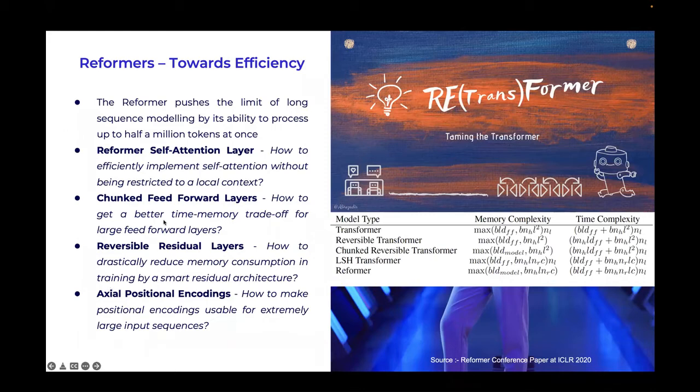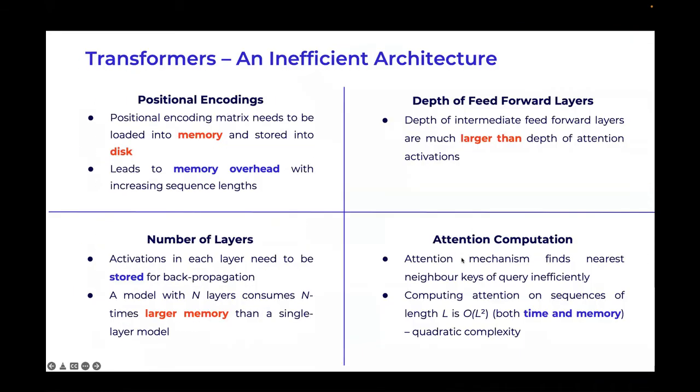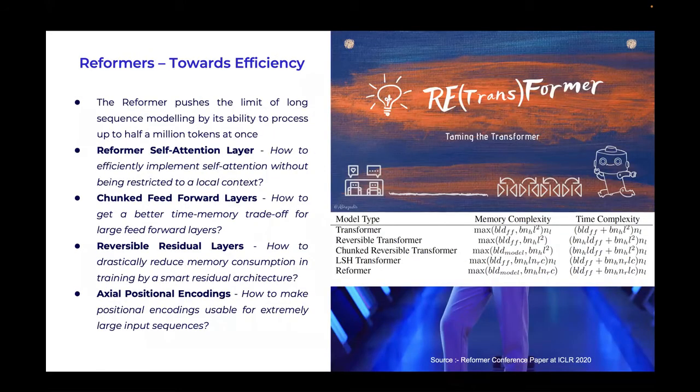The first one is the reformer's self-attention layer. I'll be discussing this briefly in the coming slides. Here, at the right side, you can see the memory and time complexity associated with each of these different architectures. Since I mentioned there will be a quadratic complexity for memory as well as time, here you can see the L square term, where L means the sequence length.